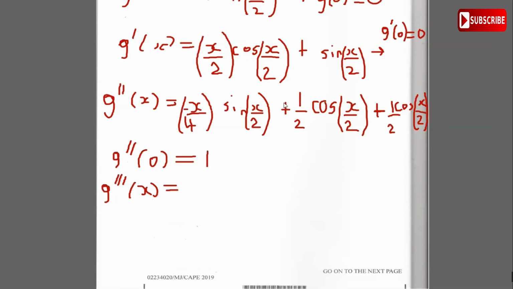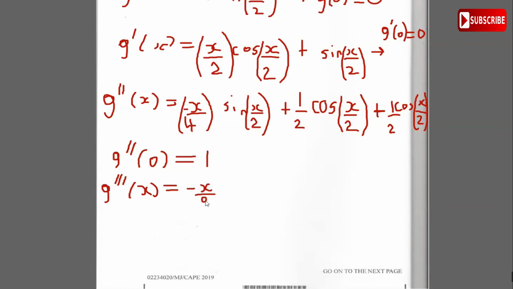So differentiating this part now, it's going to be keep the first, which is minus x over 4, times the derivative of the second. When you differentiate sine, you get cos, then you multiply it by half. When you multiply x over 4 by half, you get x over 8.